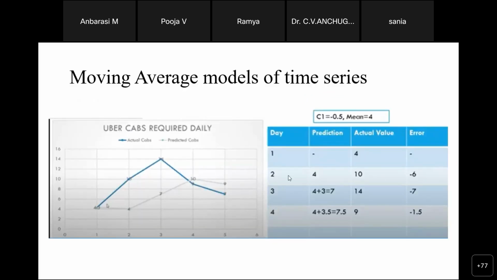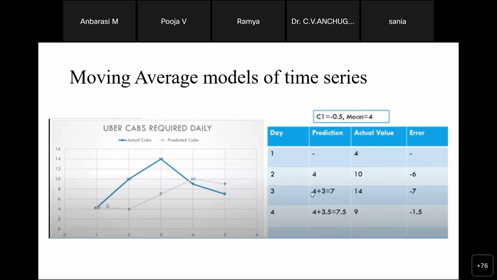Here we have the mean value and the actual value. For the second day, 4 minus 10, if you give the error value, you will get 10.